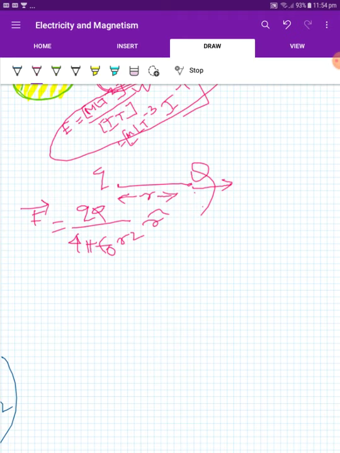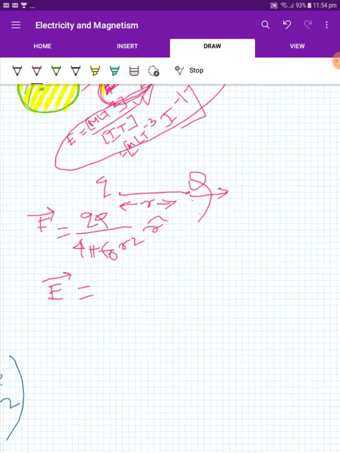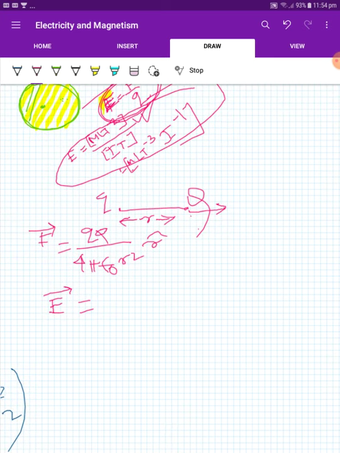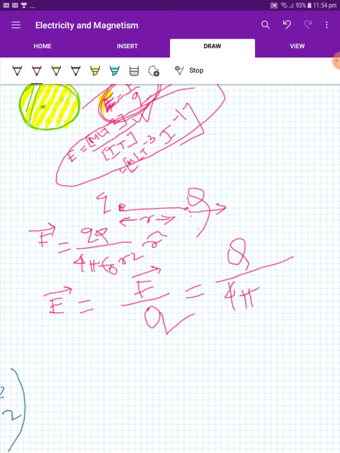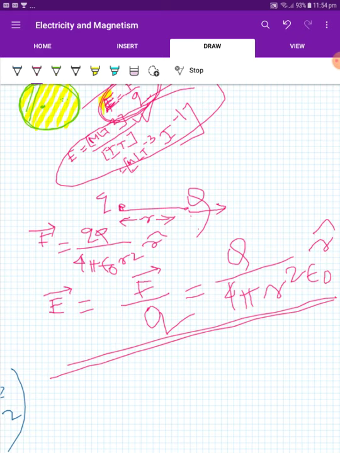Now from the previous formula, the field due to this point charge is E equals F by q. This becomes q by 4 pi epsilon naught r square into r cap. This is the electric field.